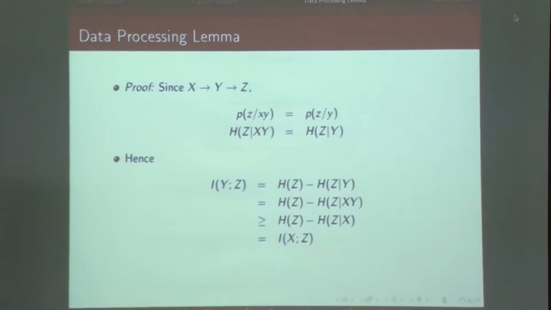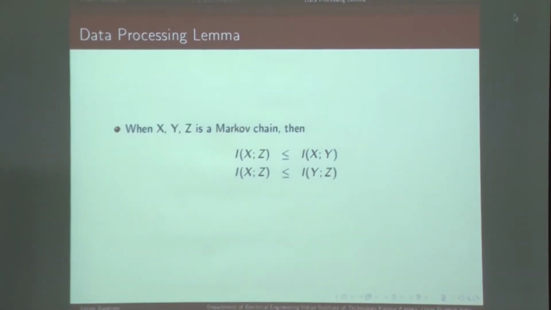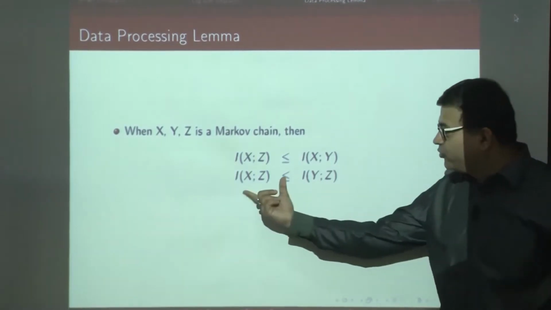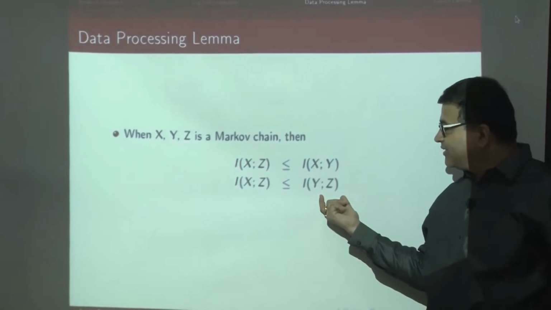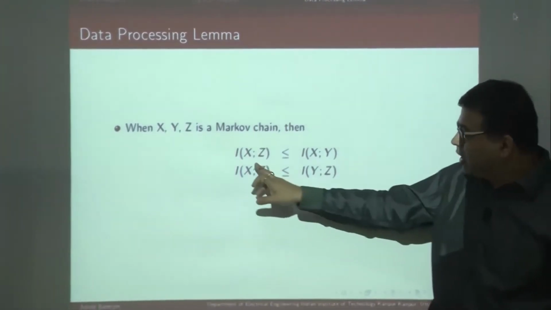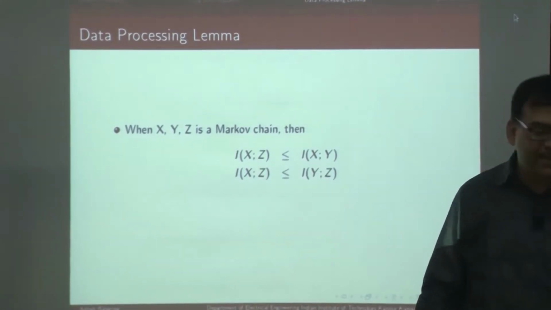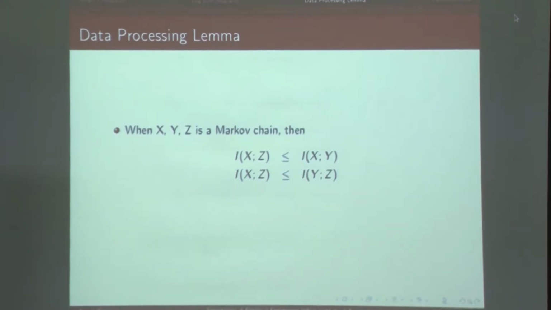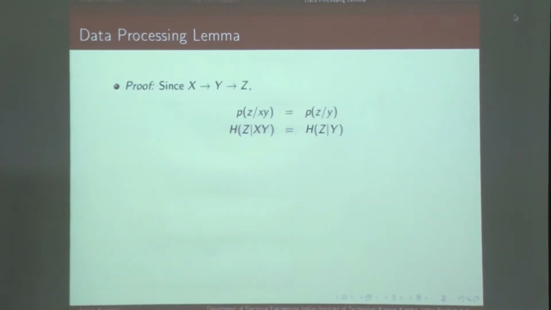Now the second result which I asked you to show was this. So I have shown you this: mutual information between x and z is less than or equal to mutual information between y and z. Now I have to show mutual information between x and z is less than or equal to mutual information between x and y.